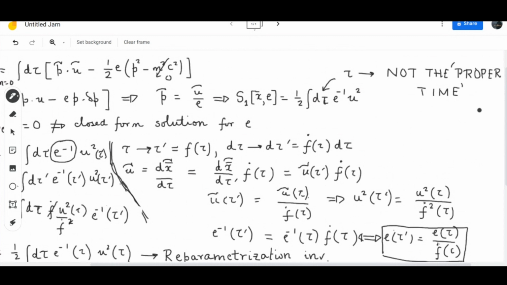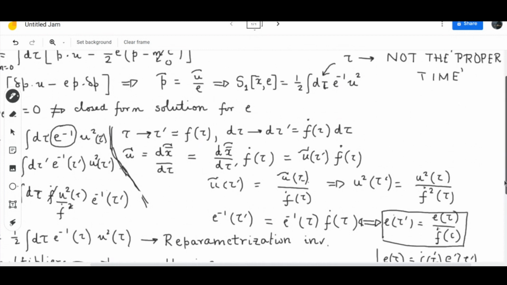However, every trajectory of a particle, massive or massless, will have a continuous parameter which keeps changing along the curve. Tau is that parameter. And we have seen that in the massless case, we have this reparameterization invariance, which allows us to choose E to be equal to 1.